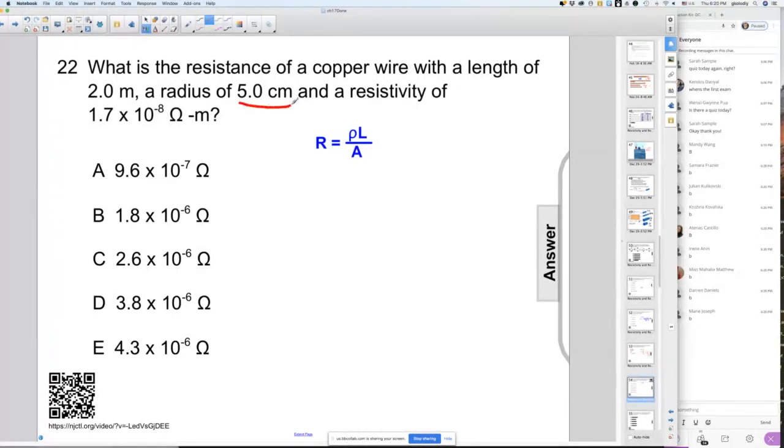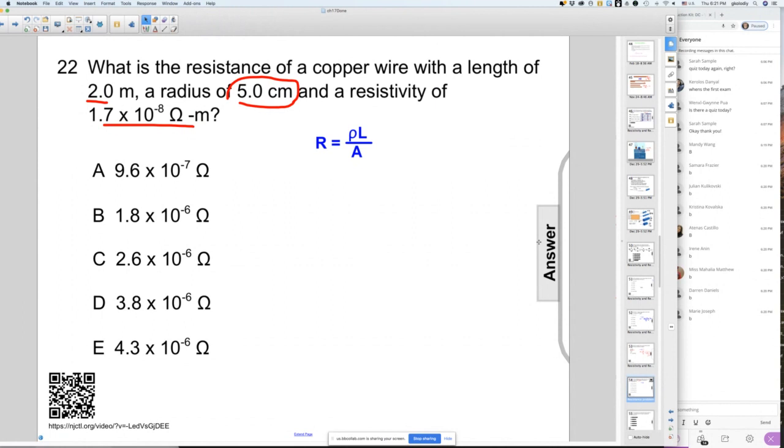So don't forget, when you use the formula, because resistivity, rho, is in ohm meters, right? So the distance here, the radius must be all in meters. Everything must be in meters. The length is in meters, the resistivity is in meters, and the radius must be changed to meters here.